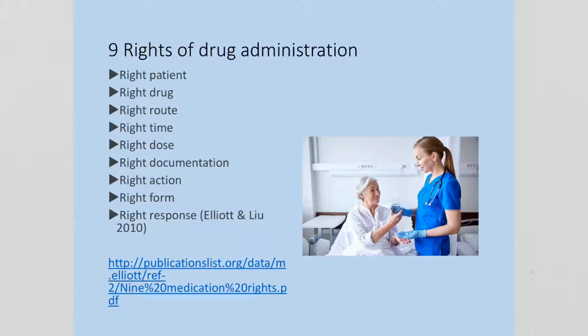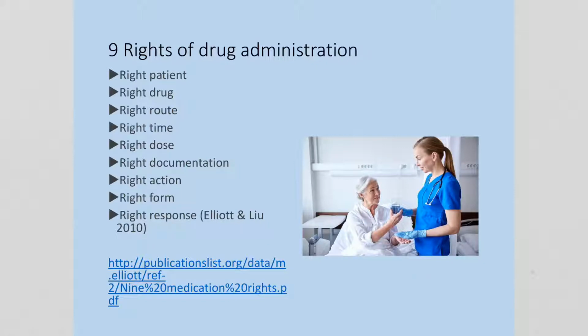Okay, here are the 9 rights that Elliott and Liu 2010 give you. Of course, it's blindingly obvious. The right patient is receiving the right drug via the right route at the right time and being given the right dose. It's being documented in a correct way.